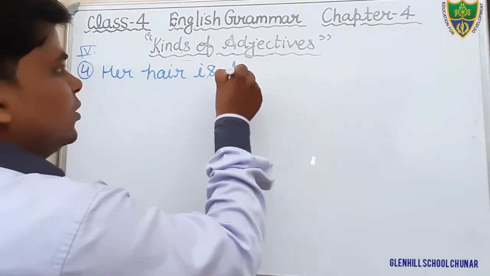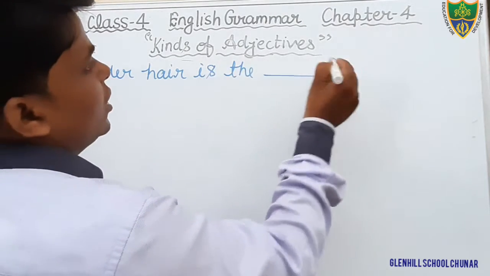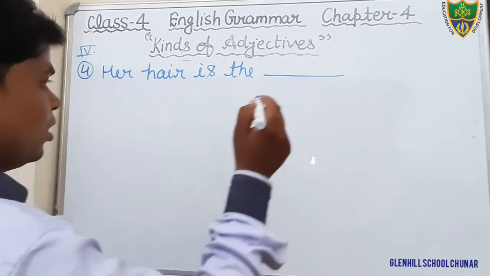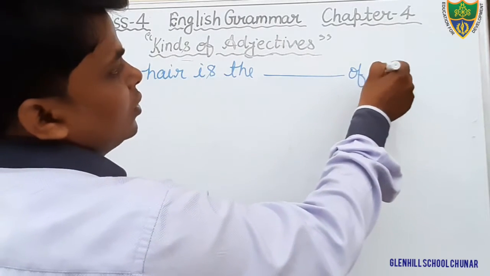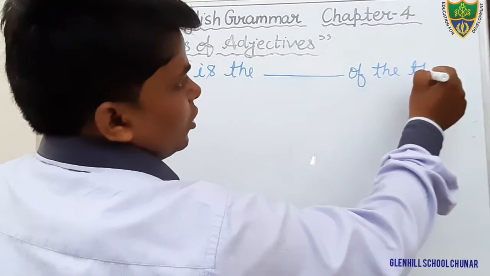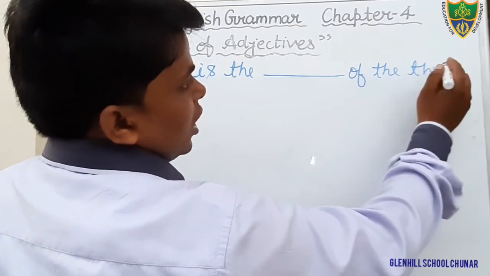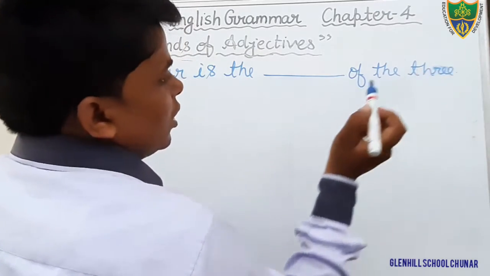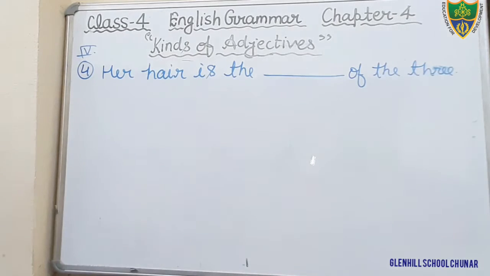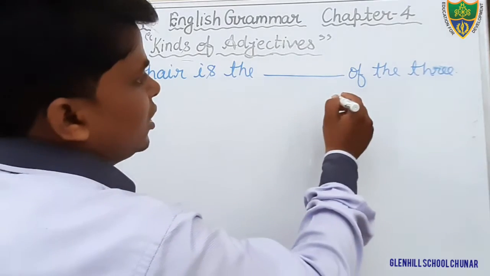Her hair is the, and there is a blank, of the 3. This is your question. Of the 3. And what is the option given? Silkier and silkiest.